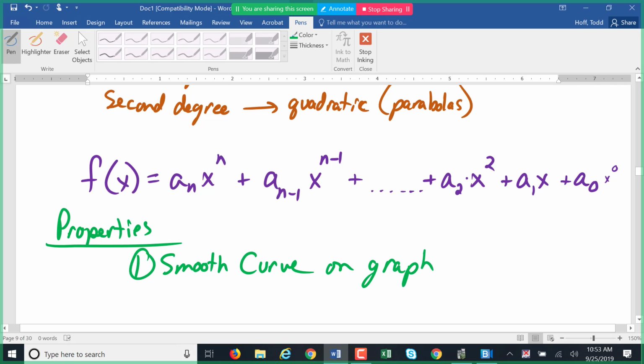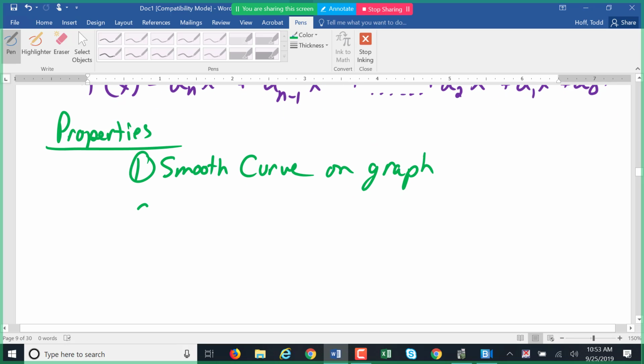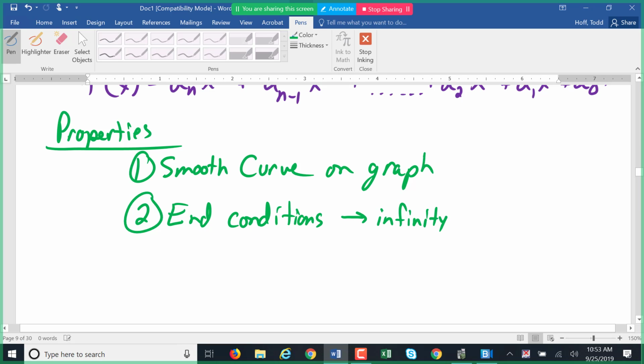Second, we're going to talk about end conditions. They either go to infinity or negative infinity at each end.